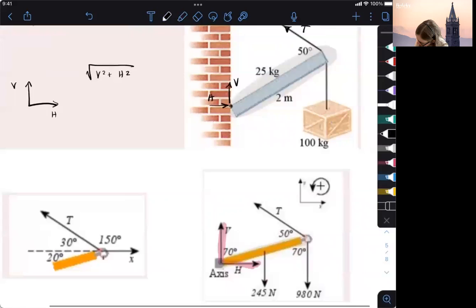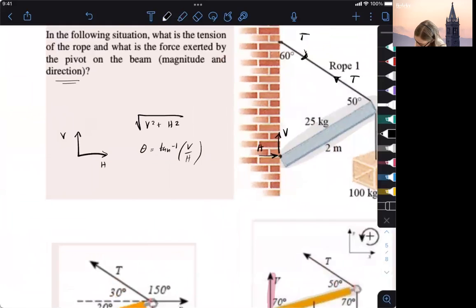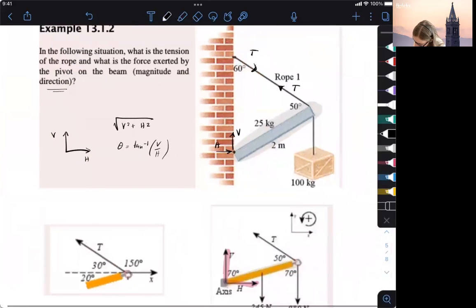And then the direction would be that polar angle for that. And that equation to find the polar angle would be equal to tangent inverse of V over H. Okay, so this is the end result that we want. So to get that end result, to get the magnitude and direction of the pivot force on the bottom, we're going to need to solve for H and V.